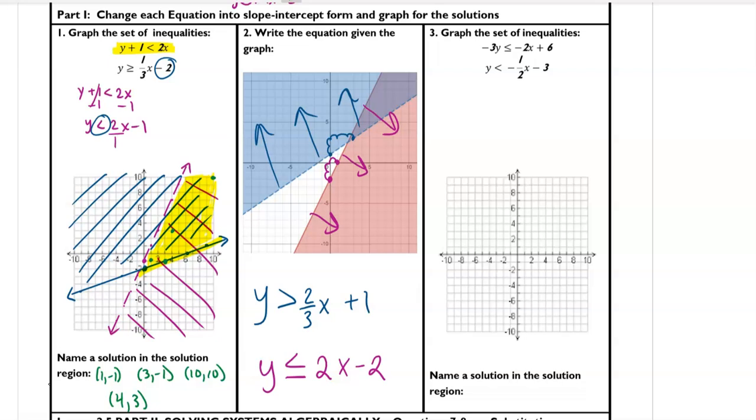Again, in order to graph, we need these in y-intercept form, and this line is not in y-intercept form. So we're going to rewrite it and solve for y. We need to divide by negative 3.